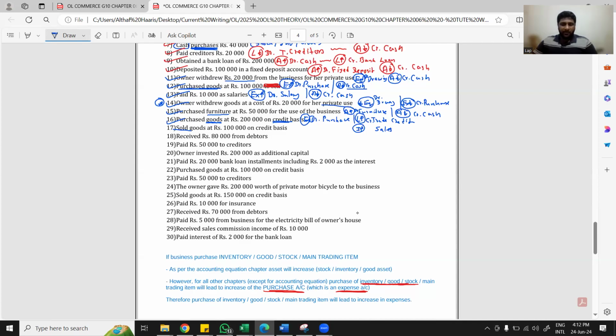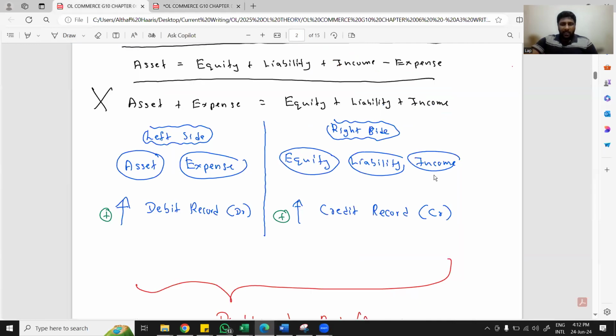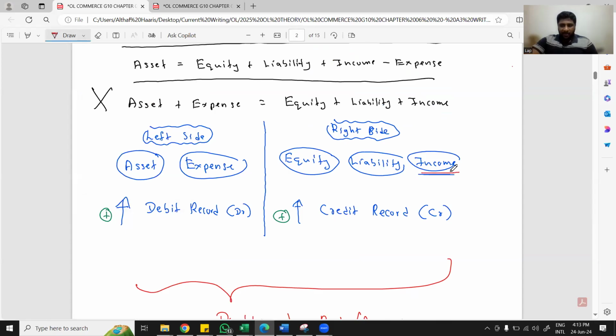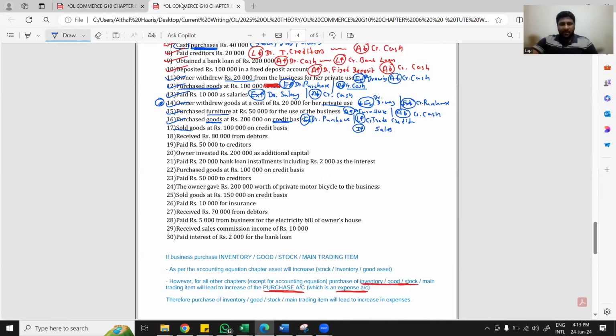Check the paper. Income is there on the right side. Income increases is a credit record.